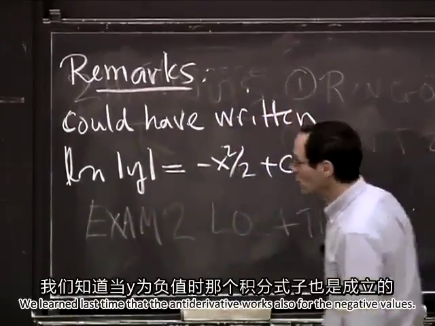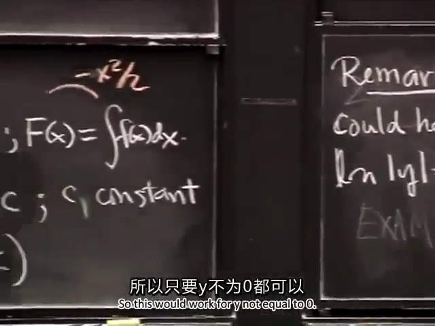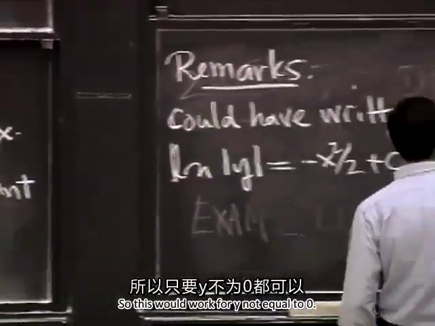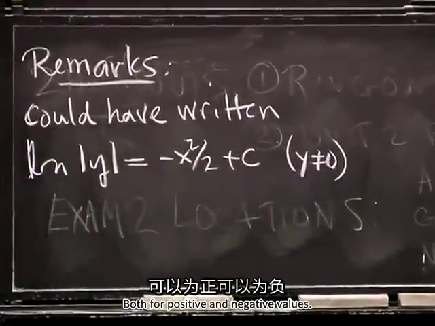We learned last time that the antiderivative works also for the negative value. So this would work for y not equal to 0, both for positive and negative values.